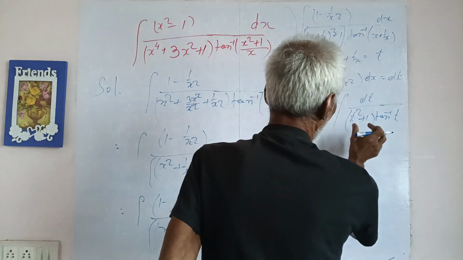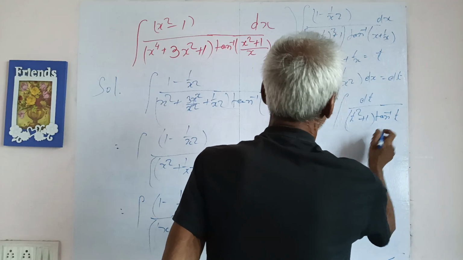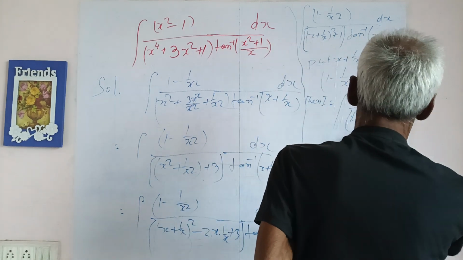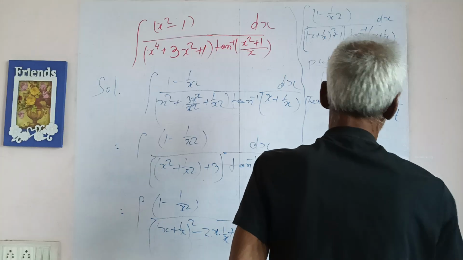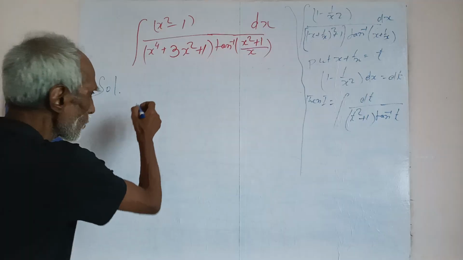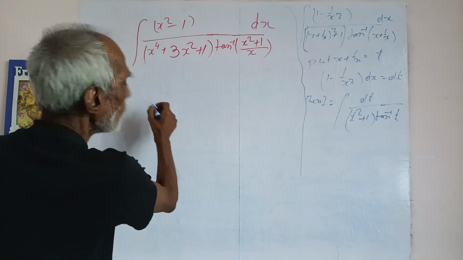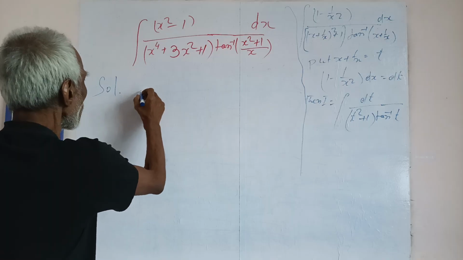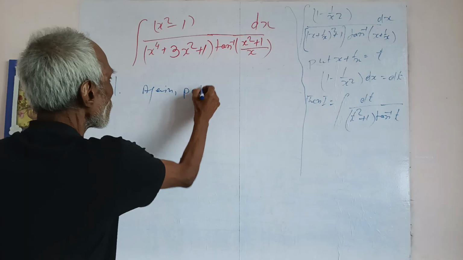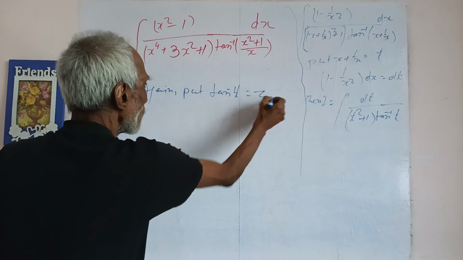Now again put tan inverse t is equal to z.